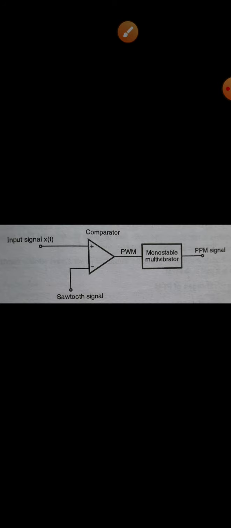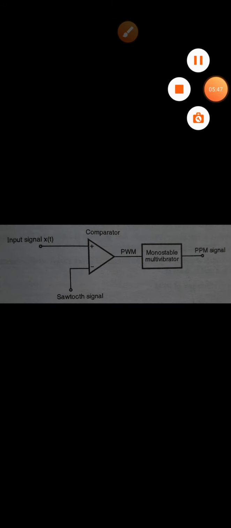Now I want to talk about the demodulation technique of PPM. See the block diagram of the PPM demodulator. The noise corrupted PPM waveform is received by the PPM demodulator circuit first.